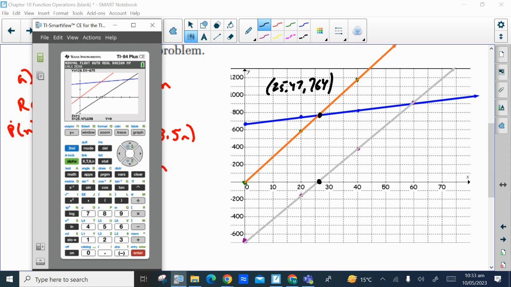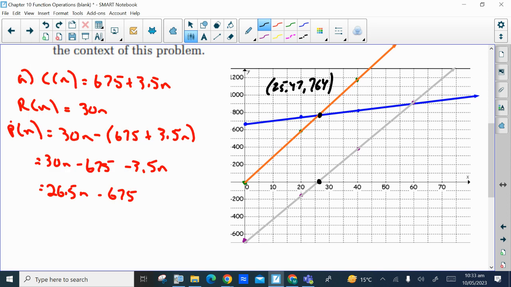So either find the point of intersection of the first two lines, our cost and revenue lines, or the x-intercept or the zero of the profit line. So 26 booklets need to be sold to make a profit.